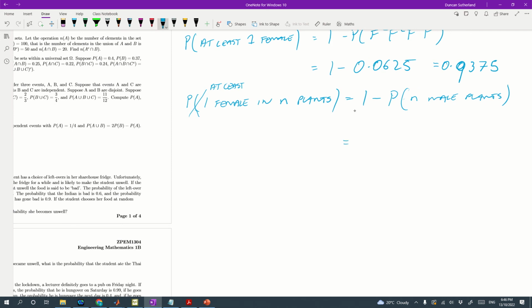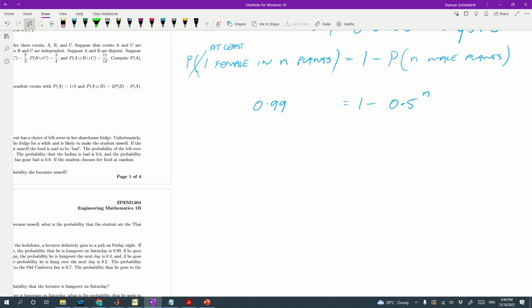We know this probability has to be 0.99, and 1 minus, this is just 0.5 to the power of n. We kind of saw that earlier in the question.